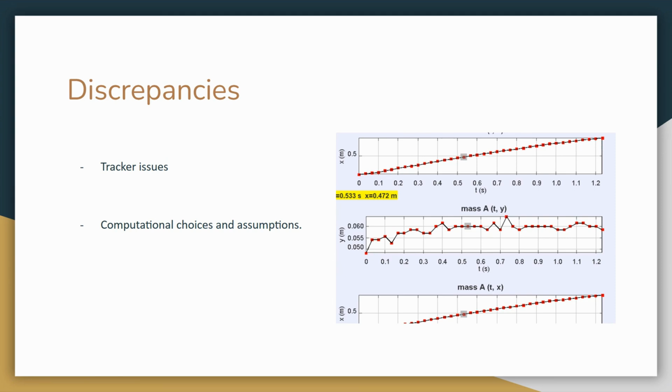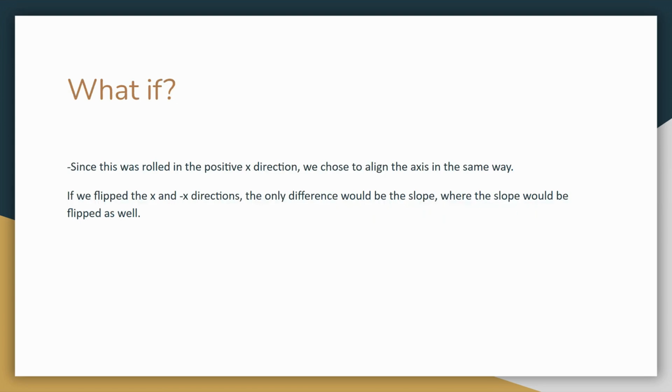And some other choices were the computational ones and assumptions, which were we assumed that there was no friction and we assumed that there was no momentum. However, to compute, I did use v final and v initial, which did cause a bit of a curve.